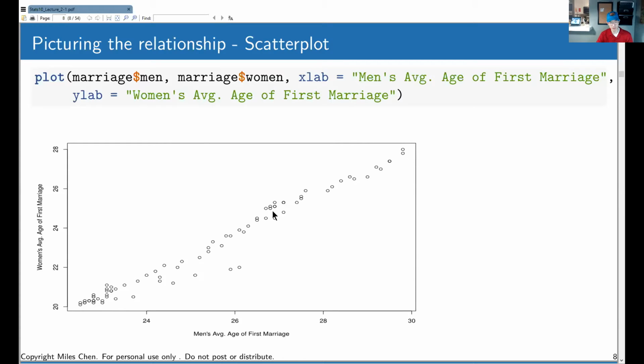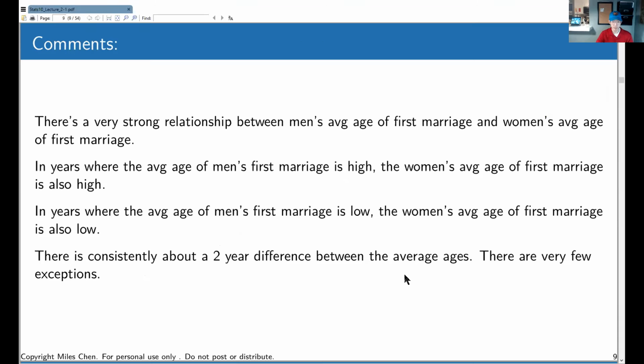But it's a very clear straight line, not a whole lot of scatter or variation around such a line here. I wrote, there's a very strong relationship between men's average age of first marriage and women's average age of first marriage.